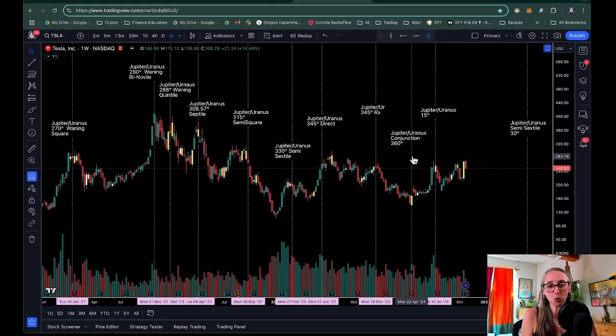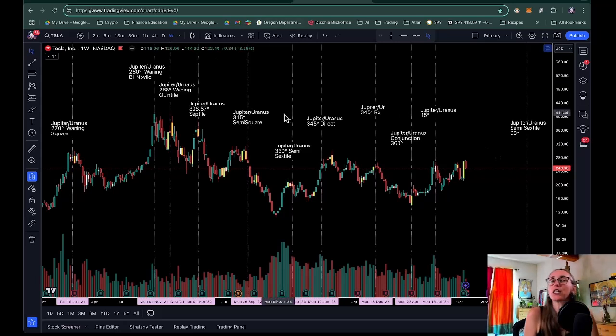The most recent one that we saw here was on April 20th, 2024, when we had the Jupiter-Uranus conjunction, and that marked the current monthly low on Tesla. Then we hit 15 degrees of separation, and that marked the high in July. The next aspect that I'm tracking will be the Jupiter-Uranus semi-sextile, which is 30 degrees, and that will be on June 1st of 2025. June 2nd is the closest trading day on the chart.